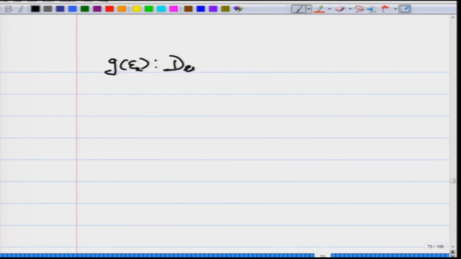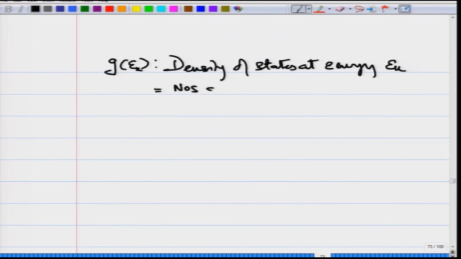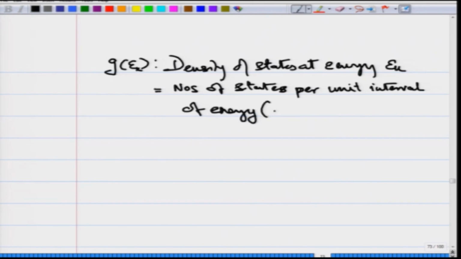The density of states at energy Ek is the number of states per unit interval of energy. The interval of energy is dEk.